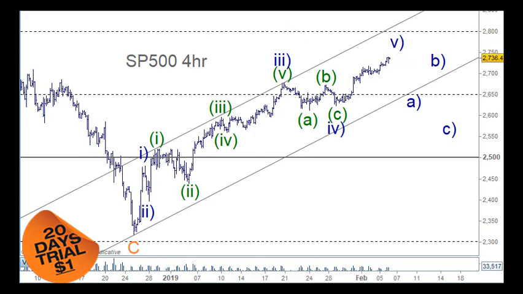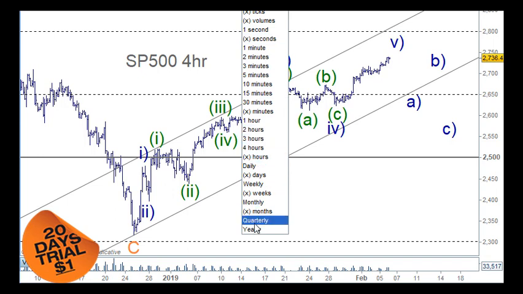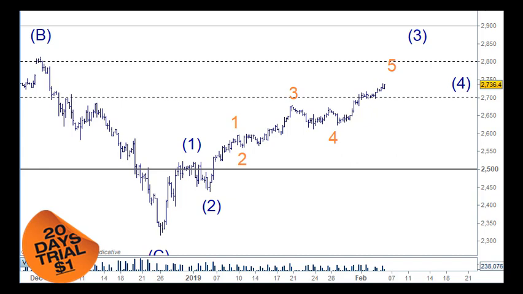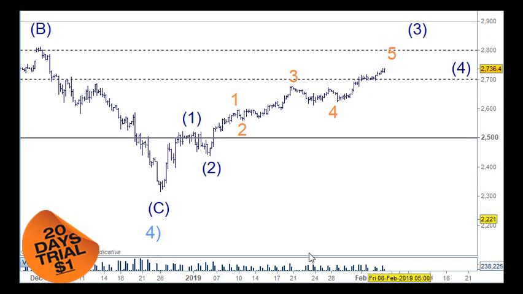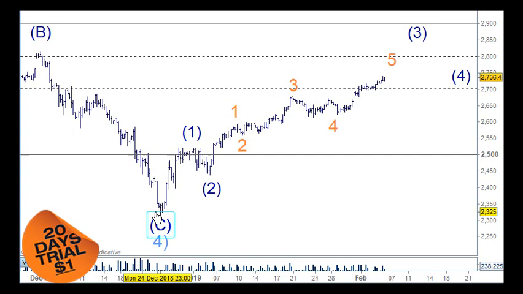But one of the first things I want to have a look at is, I think I've got it on this chart here, is this idea here. So we have wave C here of wave 4 here, and we're looking at a bullish pattern here. So in this case here, I would look at this as wave 1 here and wave 2 here.